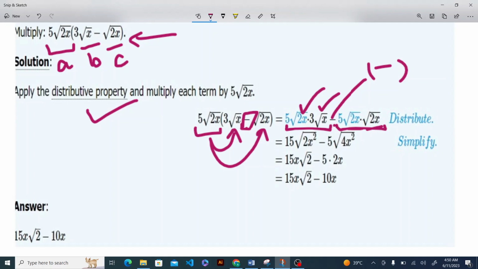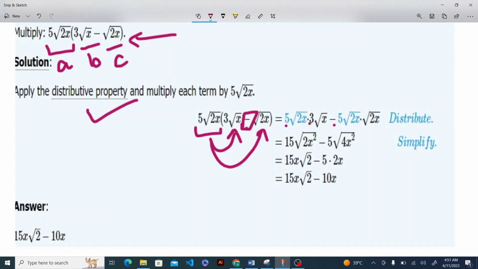So when we multiply these values, this 5 will be multiplied with this 3, and 5 3s are 15, and the inside values will be multiplied with each other. 2x will be multiplied with x, so 2x square, because obviously when x is multiplied with x, their powers are 1 and 1.